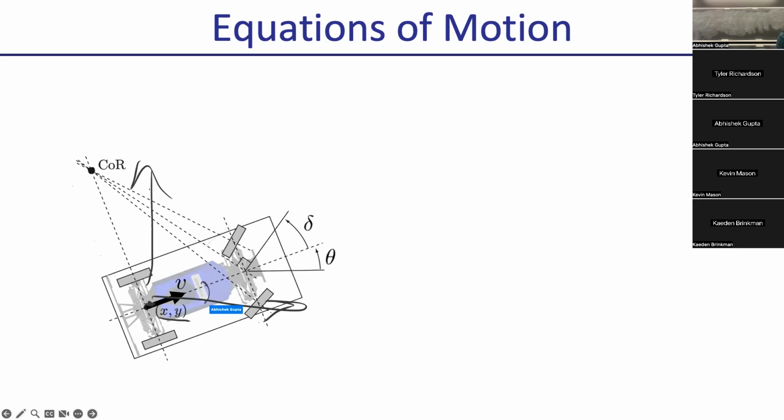The angle of the car with the frame of reference is theta. So the state of the world is X, Y, theta. Then you're going to apply a velocity V, which tells you what direction and what speed you're moving with, and you're going to apply a steering angle delta. Yes? Okay.